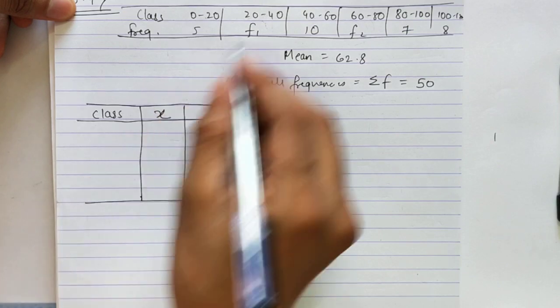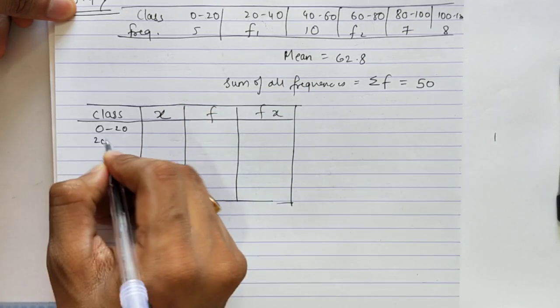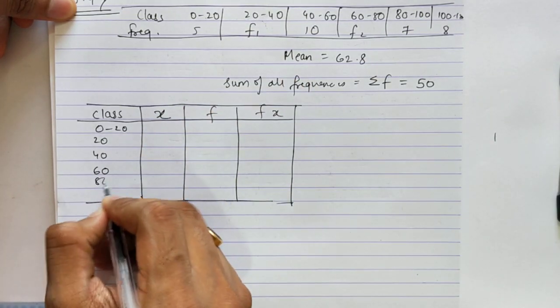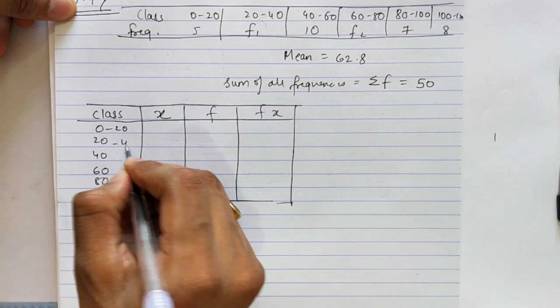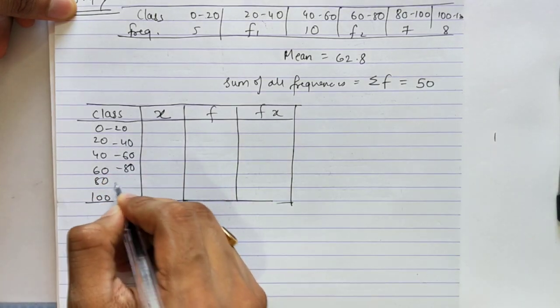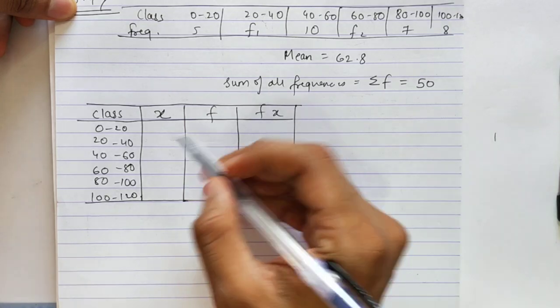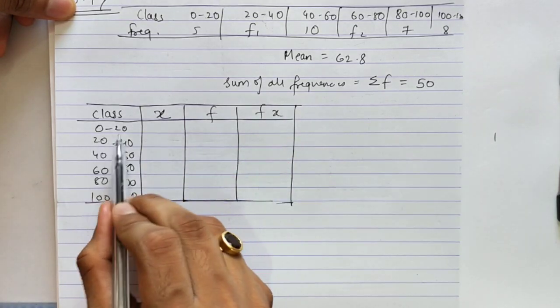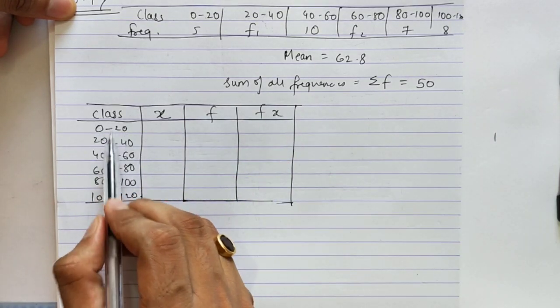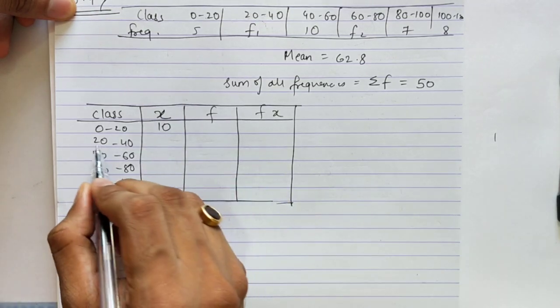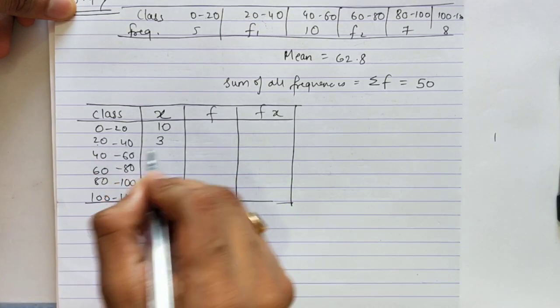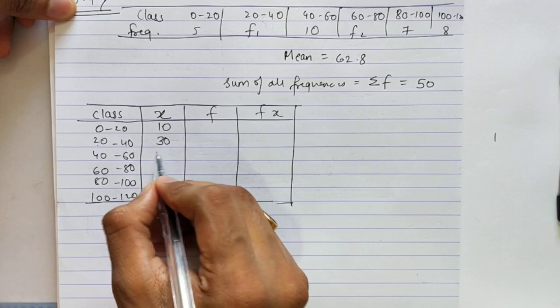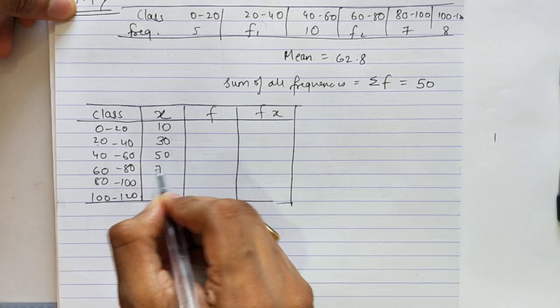Okay, so class 0 to 20, 20 to 40, 40 to 60, 60 to 80, 80 to 100, 100 to 120. And how to find x? X is the mid value, so for 0 to 20 the middle value is 10, for 20 to 40 it is 30, for 40 to 60 it is 50. See, now it is following a pattern.